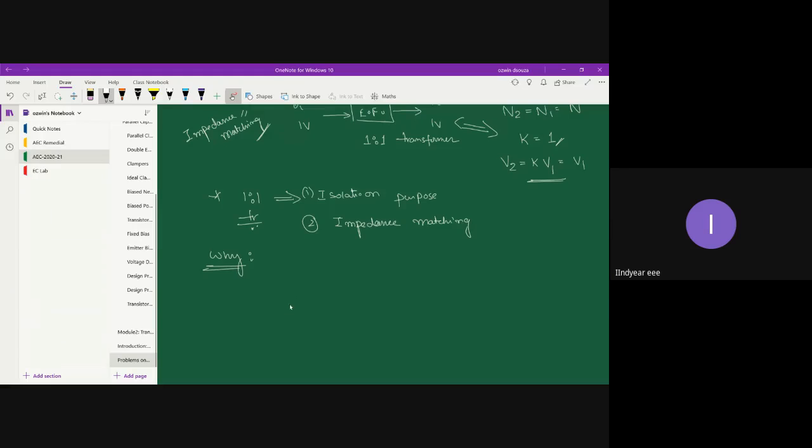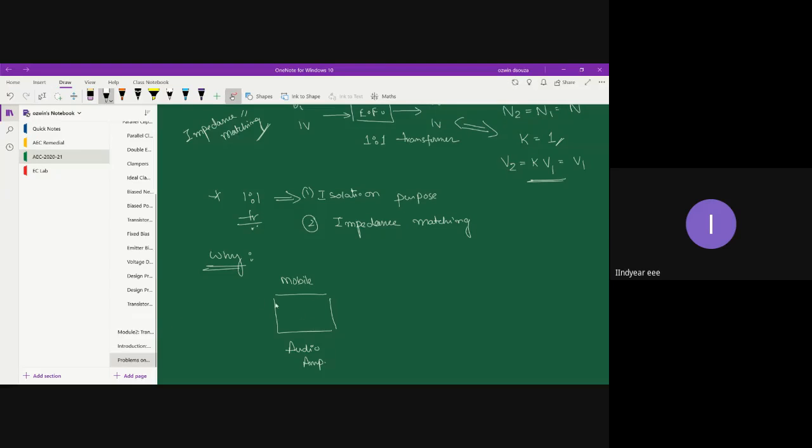Okay, consider an audio amplifier. Say this is my audio amplifier. Where do you find this audio amplifier? This audio amplifier may be sitting within your cell phone, right? So this is your mobile phone's audio amplifier.